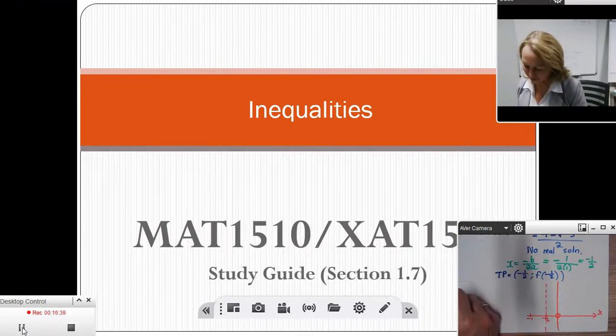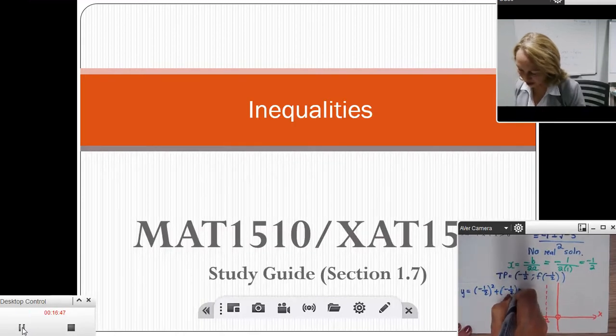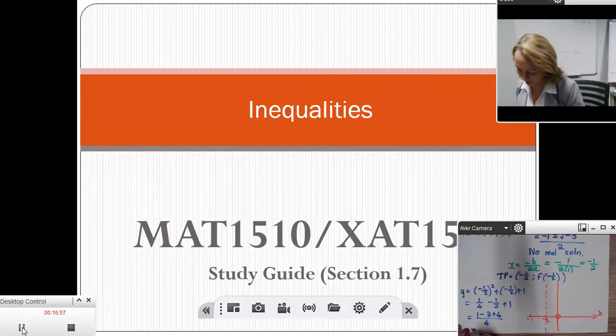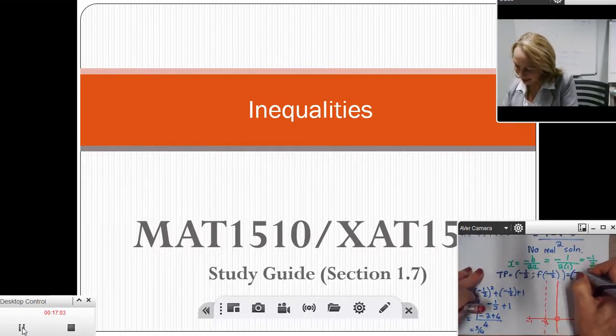It's not difficult to work out that y value because you simply substitute negative a half into the original equation and you get a quarter, subtract a half, plus 1. So we get 1 minus 2 plus 4, and that gives me 3 quarters. Right, so my turning point is negative a half, 3 quarters.